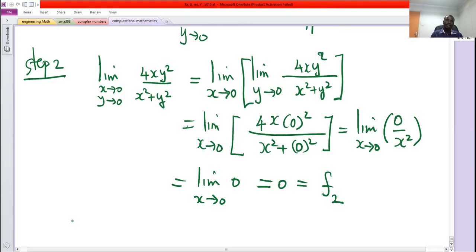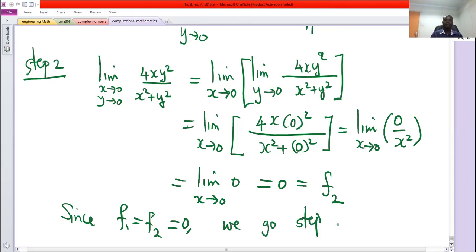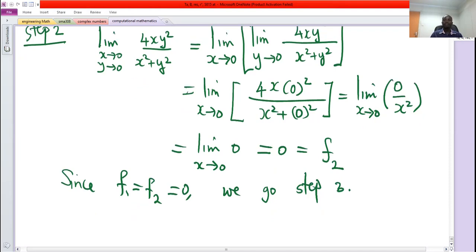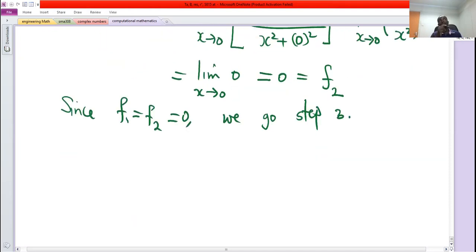Now, since F1 equals F2 equals 0, we go to step 3. Step 3 is whereby we replace y with mx, or we approach the point through the line y equals mx.